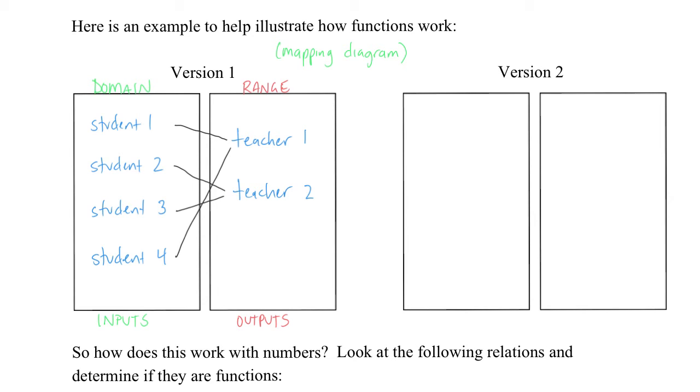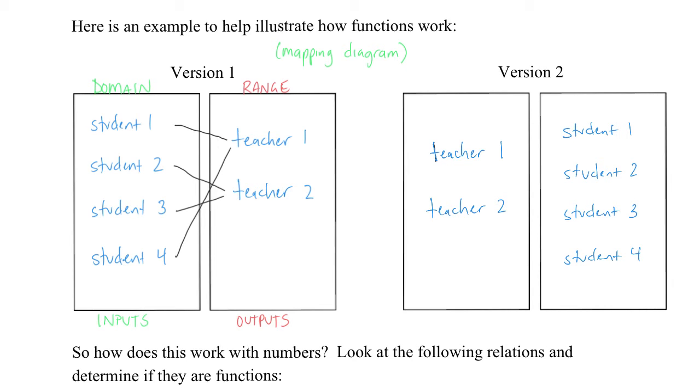This is okay. But what if I reverse this? What if I make the domain the teachers? So what if I do teacher 1 and teacher 2, and then my outputs are the students: student 1, student 2, student 3, student 4.